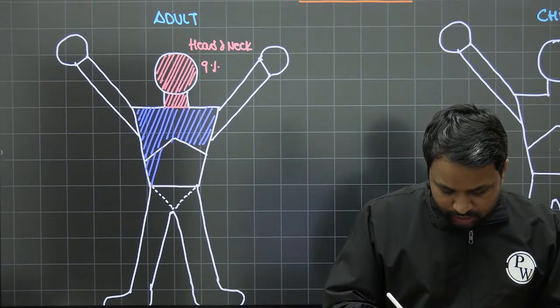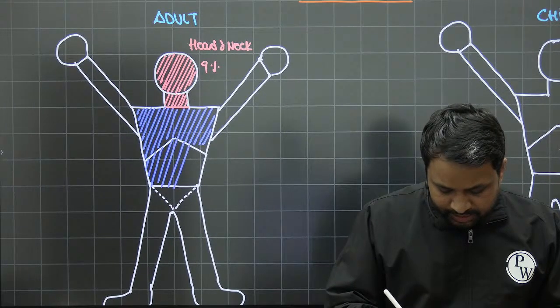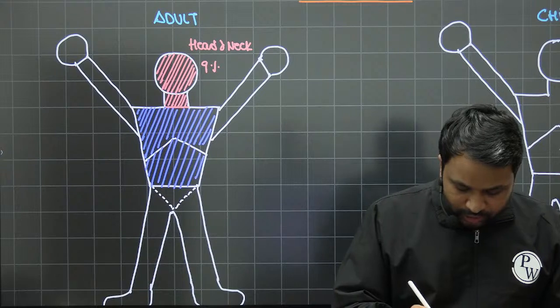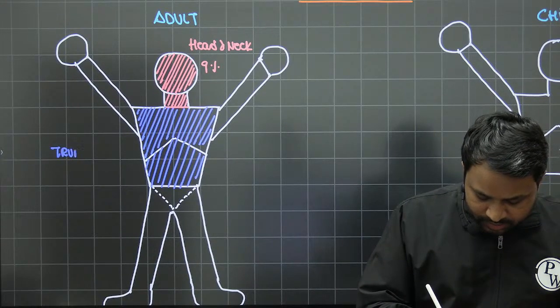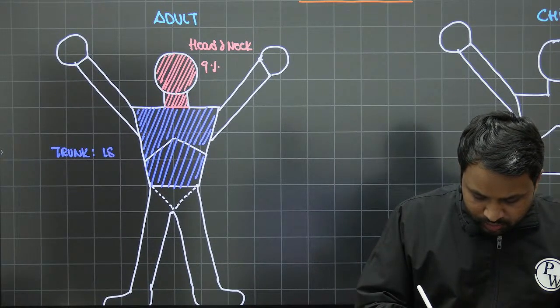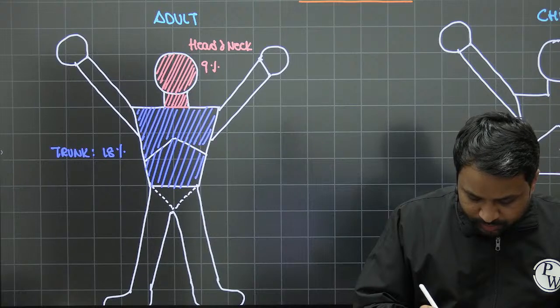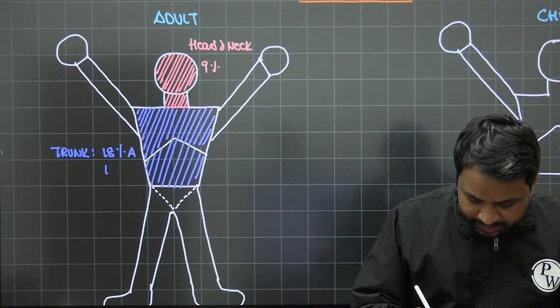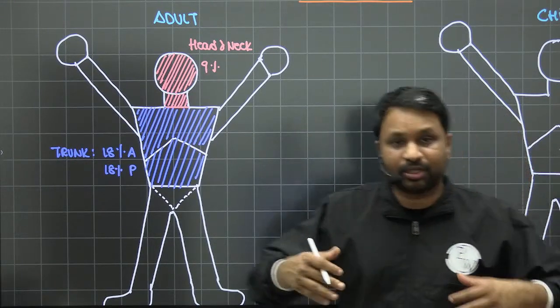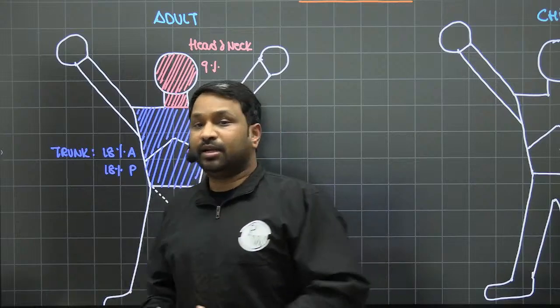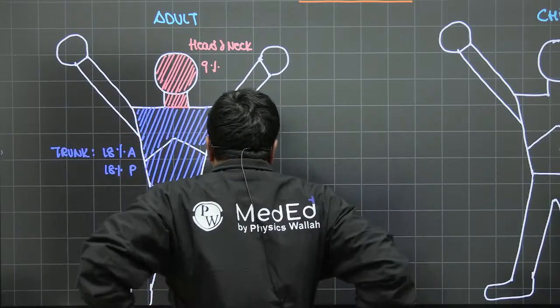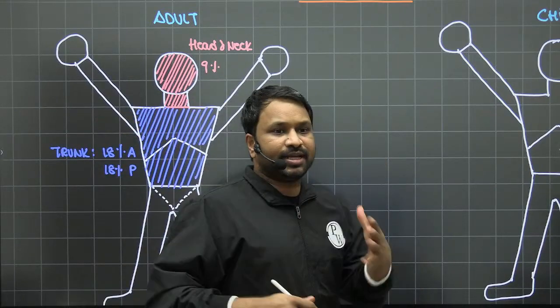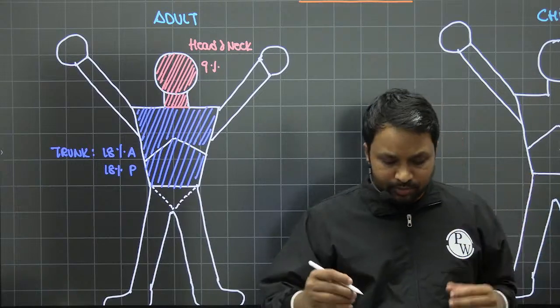The entire trunk is going to be 18% anterior and 18% posterior. The entire anterior is 18%, the entire posterior is 18%.